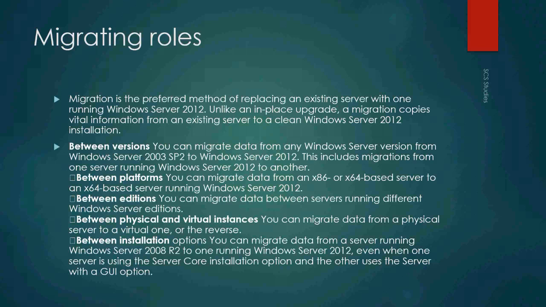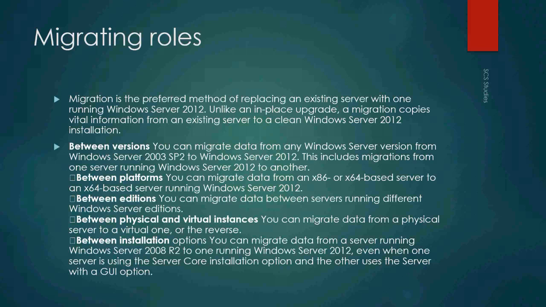Okay. So in this slide, we have an idea about the difference between in-place upgrade and migration. Microsoft always recommends that we migrate the server roles and features along with the data instead of doing an in-place upgrade. If we use a migration task to migrate the data, roles, and features of a server, we will have some benefits.